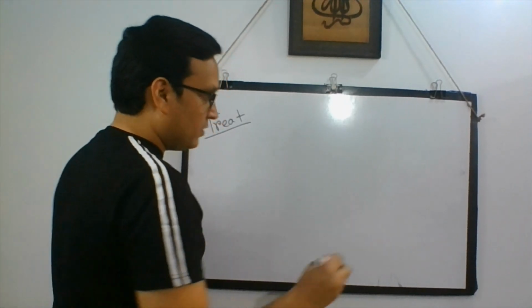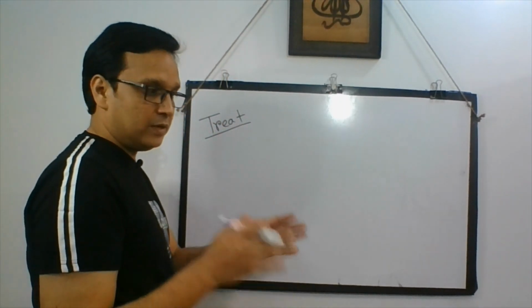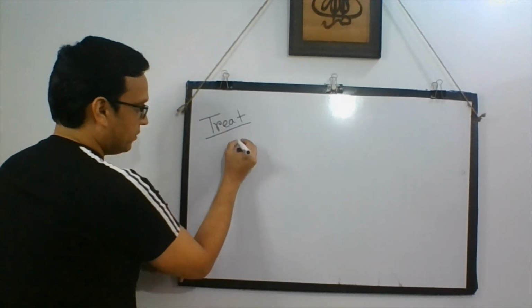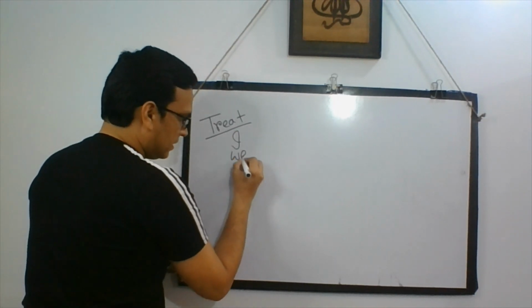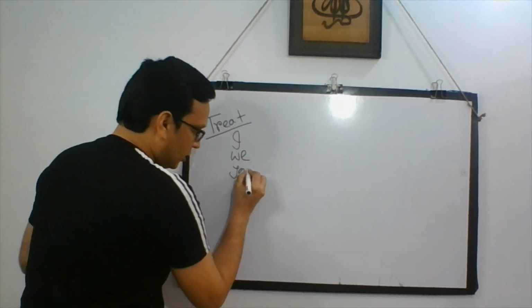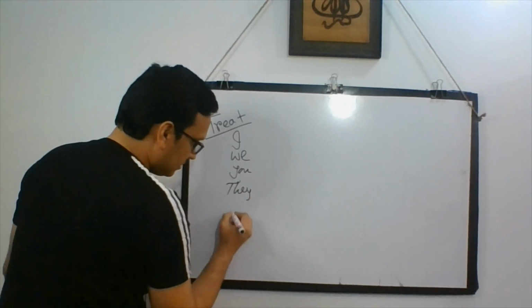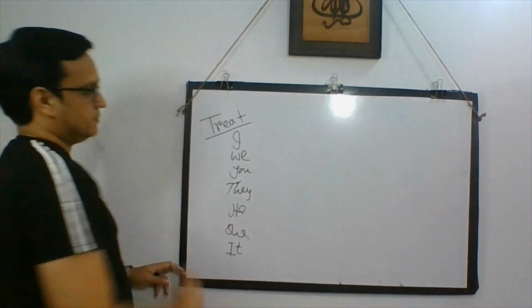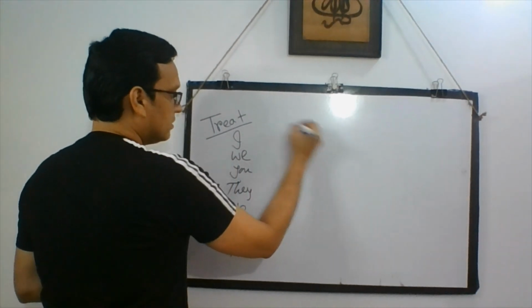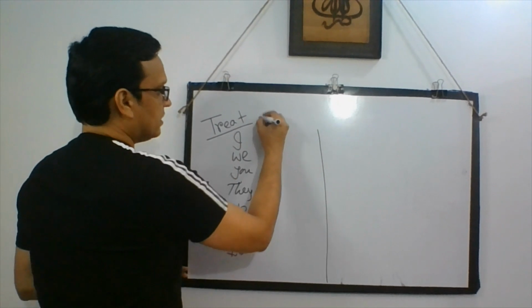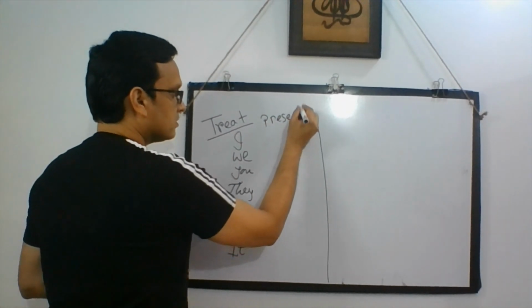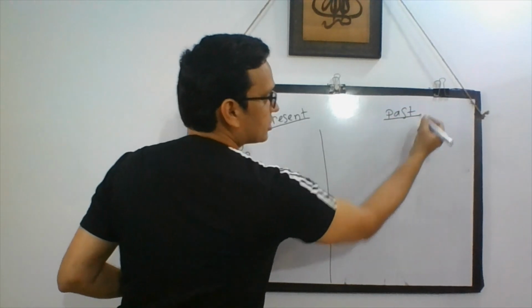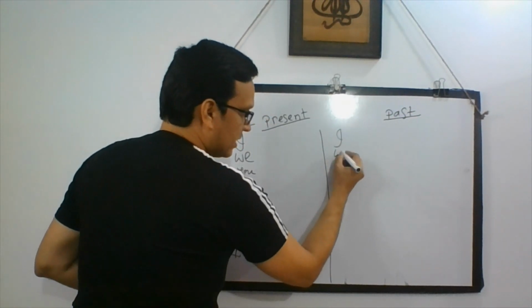So now I'm going for little bit silly mistakes. Before that, I'd like to show you the difference between present indefinite and past indefinite. So it will be easy for you. So these are the persons: I, we, you, they, he, she, it. This is for the present. And this one is for the past, where I'm going to write the same way.